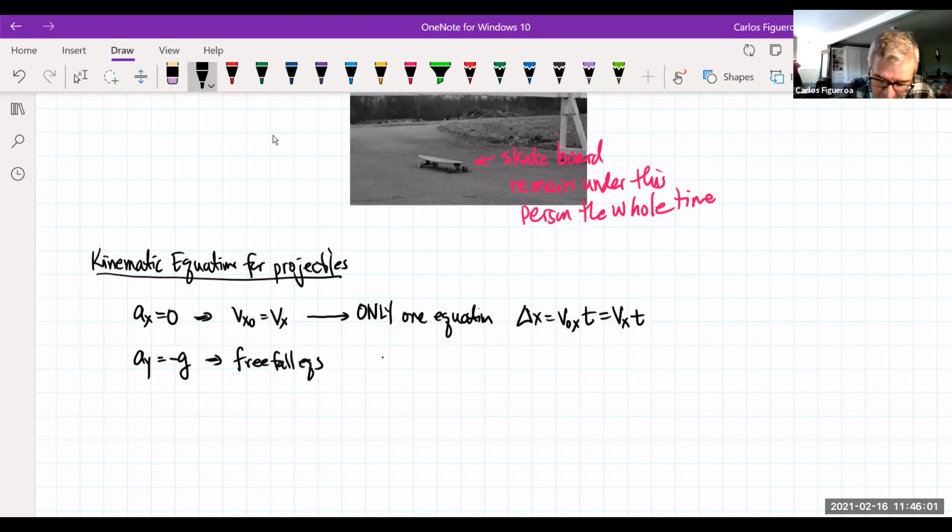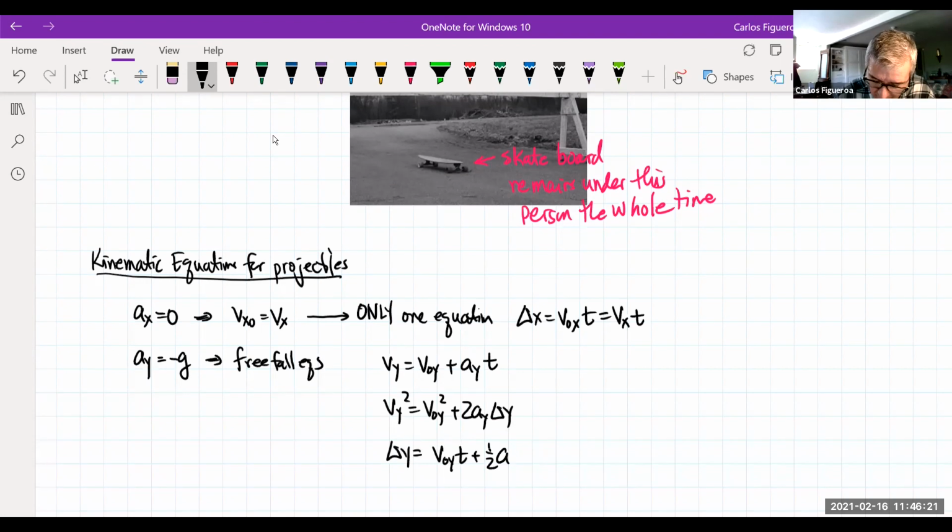And when we look at the free fall equations, there's always these equations right here, and then finally, our last equation, which is this guy. So to solve all these problems, you have 1 x and you have 3 y.